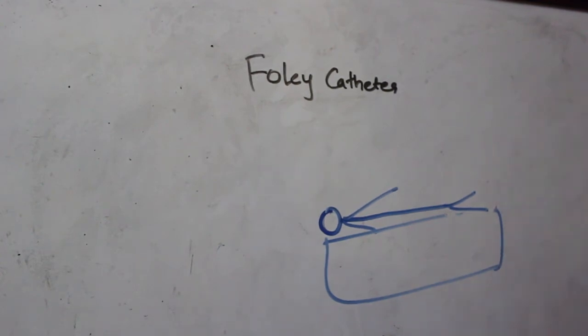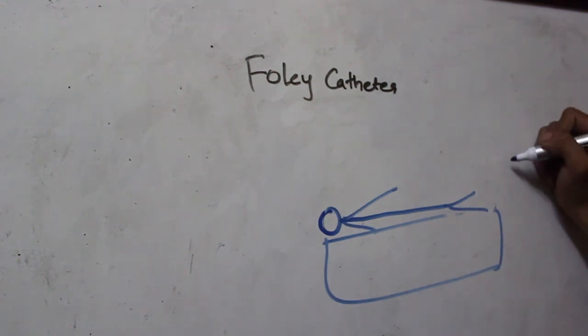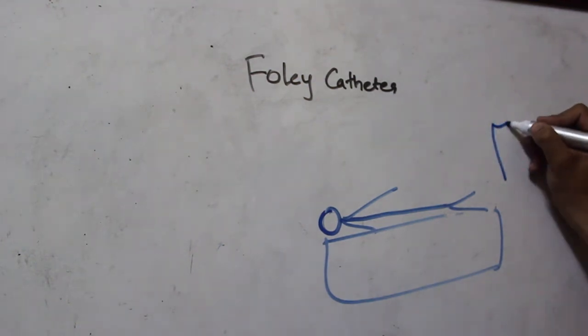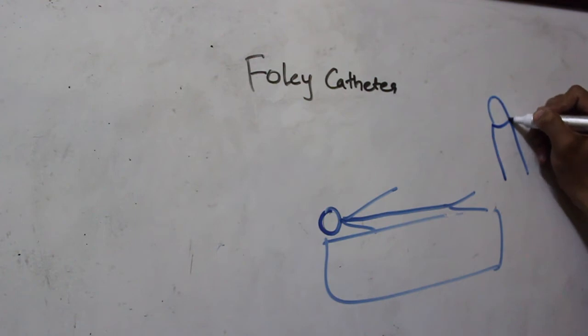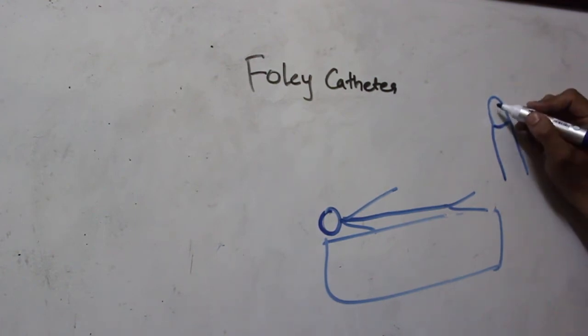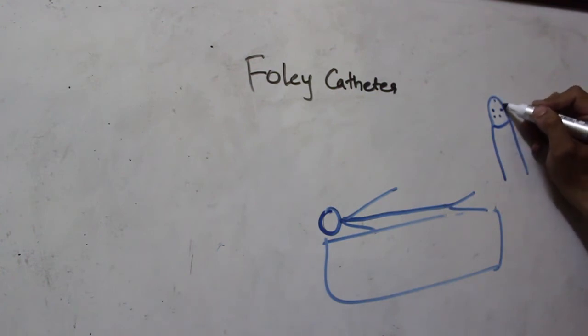Now after cleaning the genitalia, in the case of a male patient who has not been circumcised, you have to retract the prepuce and expose the glans penis, and clean the glans penis of the smegma.